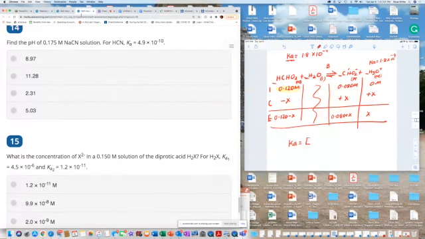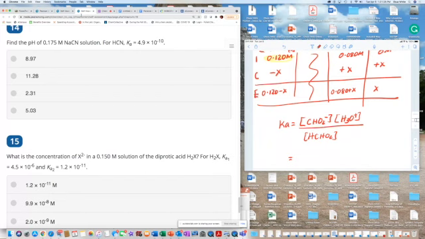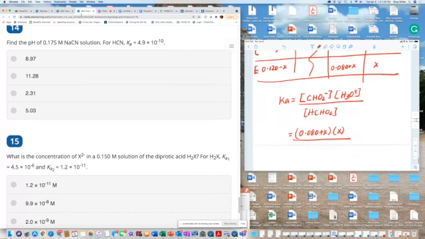Ka equals, just like with the weak acid, CHO2 minus times H3O plus over HCHO2. I should erase this part here, it makes this formula look very weird. At equilibrium, this number here is 0.080 plus x, and then 0.120 minus x right here.